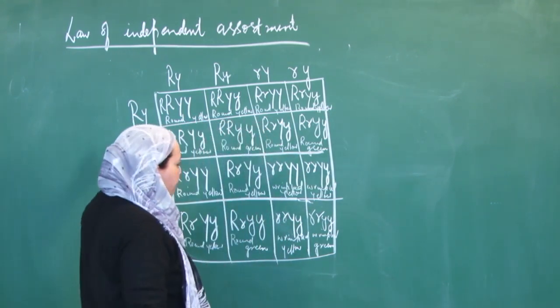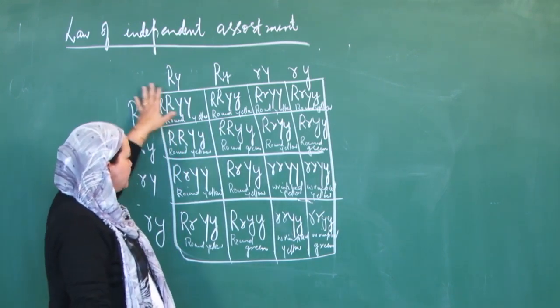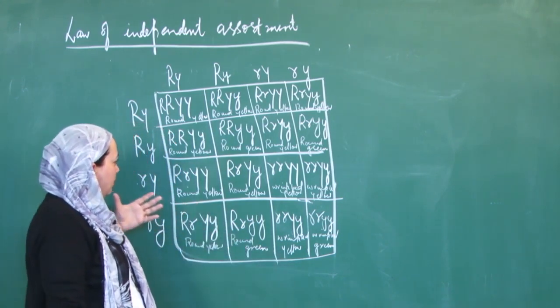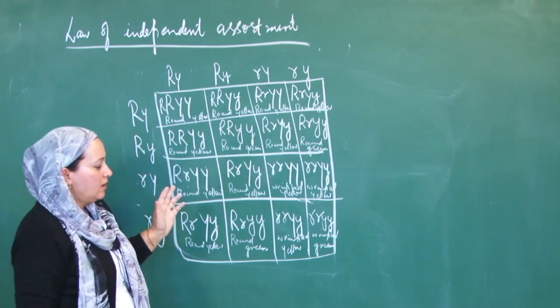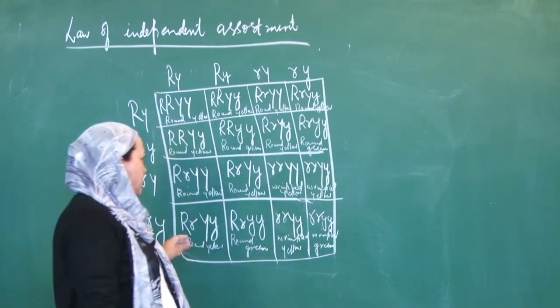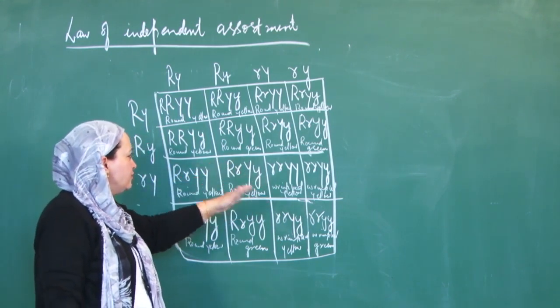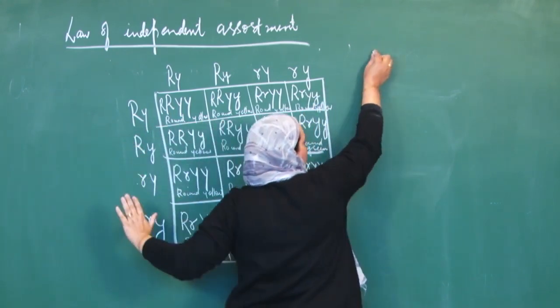So, when the gametes fused together, this was the product which Mendel got after self-pollinating the F1 generation. So this was the F2 generation.